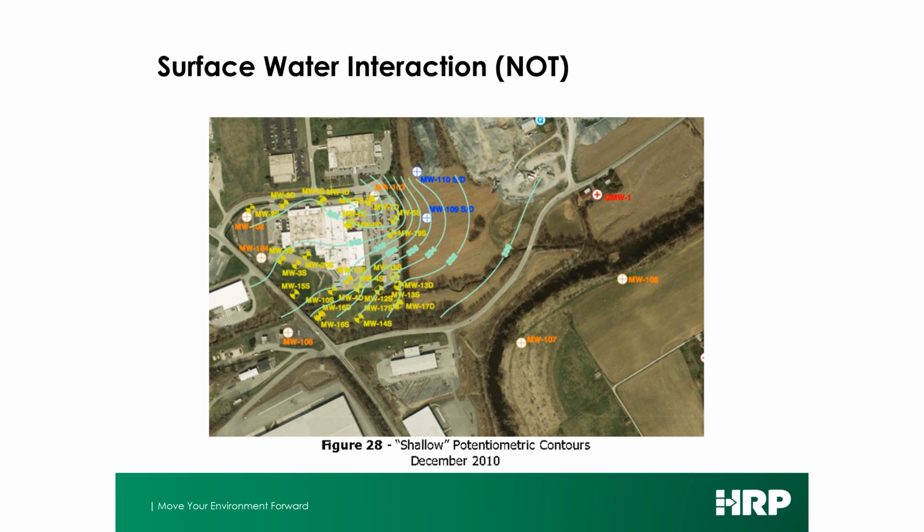Now, all these wells are in bedrock. And even though this is the shallow rock, it's going right under the river. The river is actually perched on about 30 to 40 feet of glacial lake clays, so right near the glacial boundary in Pennsylvania.